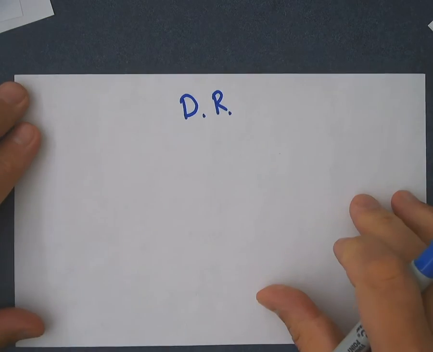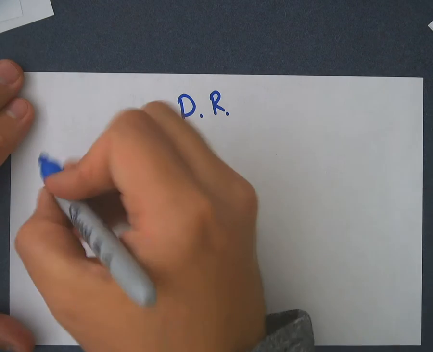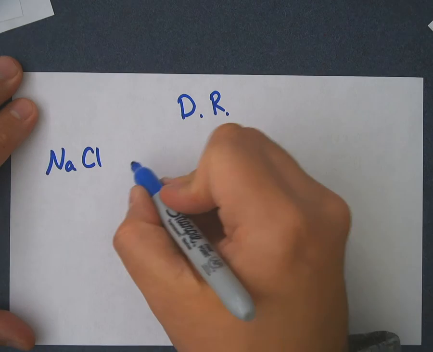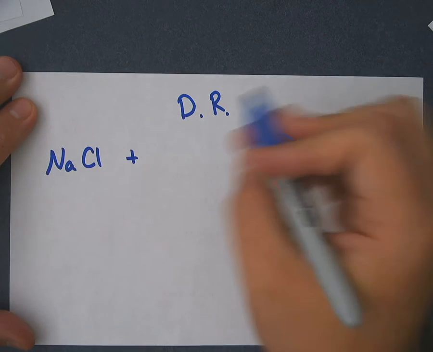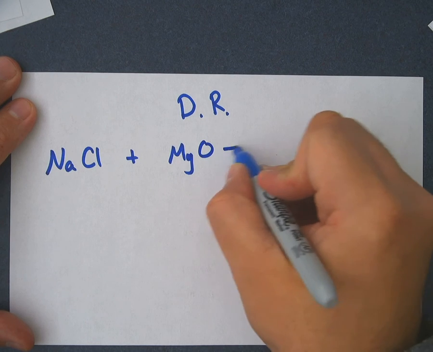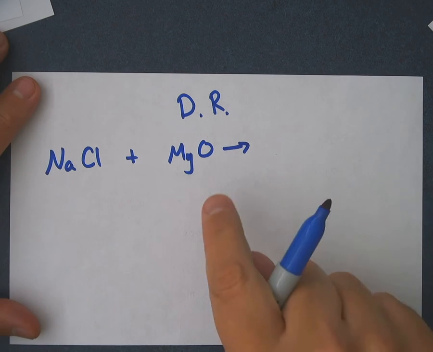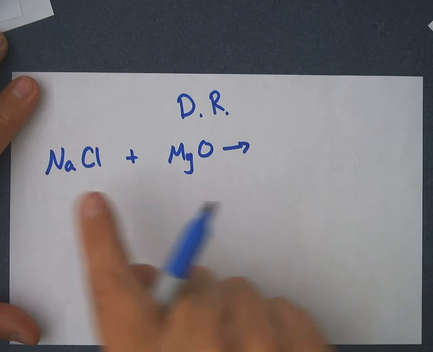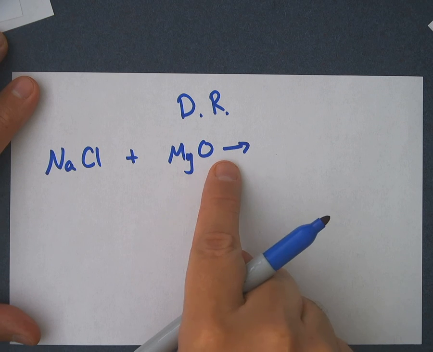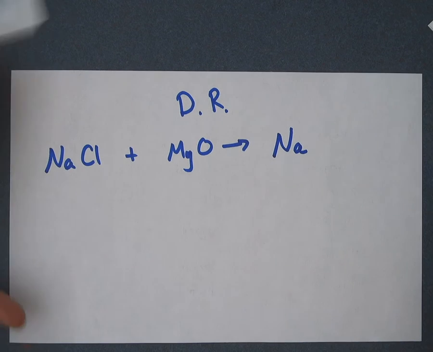Double replacement reactions are where we have two ionic compounds, each with something positive and something negative, combining with something else positive and something else negative. And then we do a flipperoo. In this case here, sodium's positive. It's going to find something new to bond with. Will it bond with the magnesium or will it bond with the oxygen?